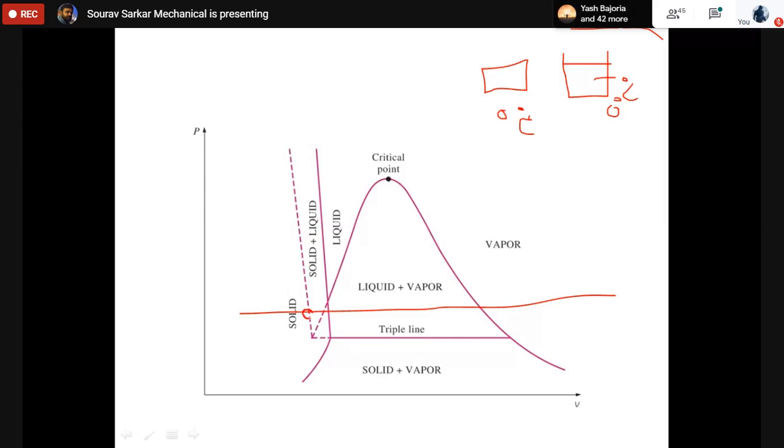So if I consider one pressure, and you are somewhere there, and we start to heat it, what will happen? It will reach, suppose, 0 degree Celsius ice.